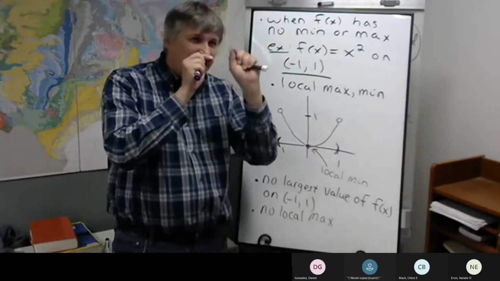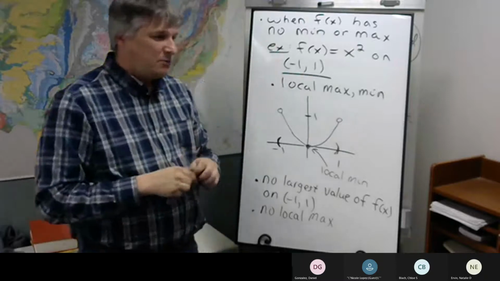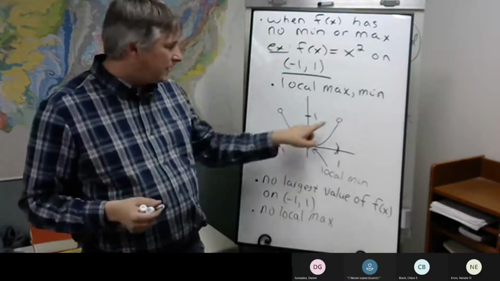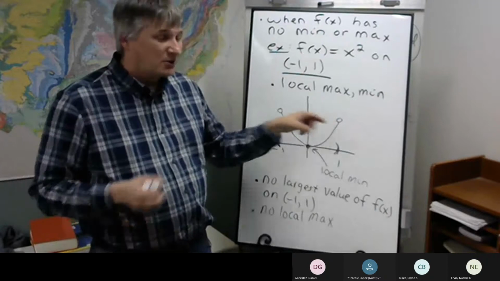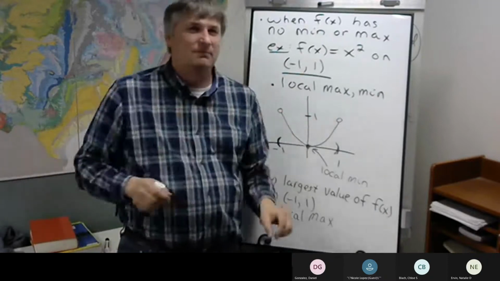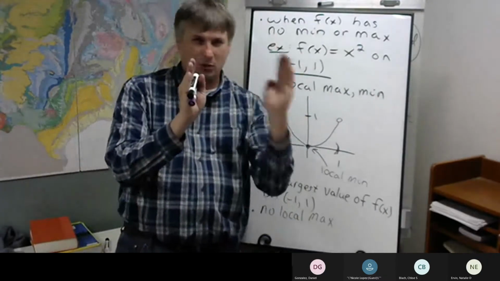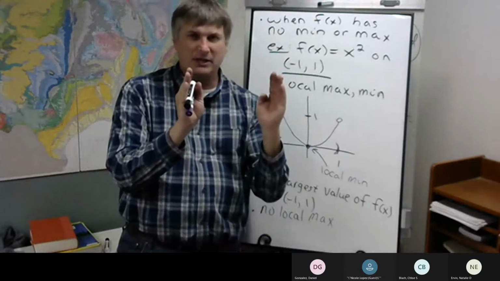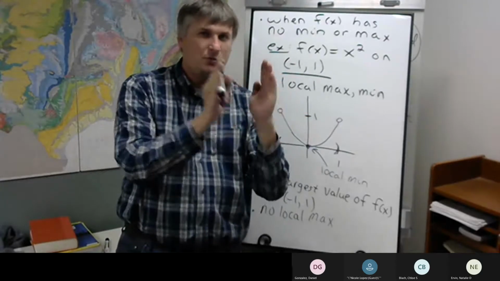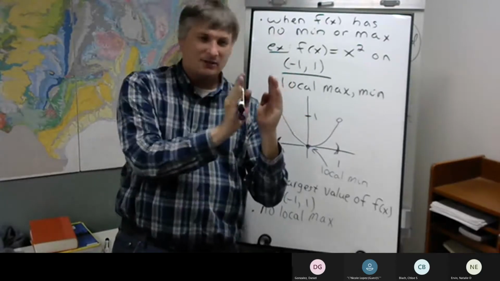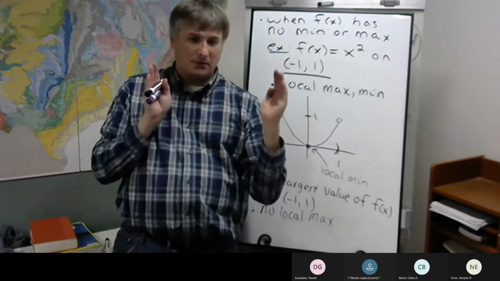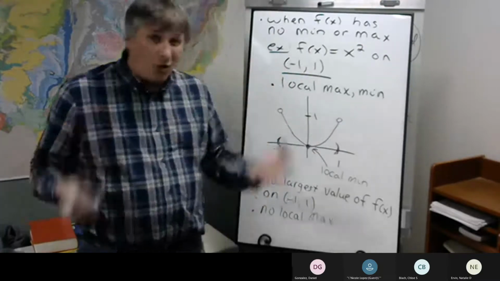Take the distance between you and this open point and cut it in half. Then we zoom into this, cut that distance in half. Zoom in, cut that distance in half. You can always get closer.